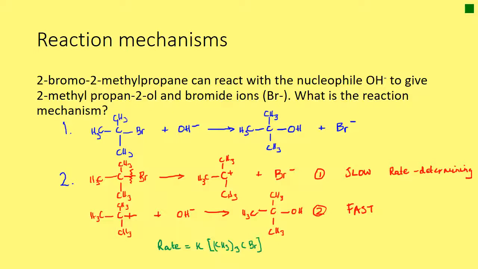might give us 2-methyl propan-2-ol, which is written with the methyl group attached to the carbon and the other methyl groups as before, but instead of the bromide we have the hydroxide ion in the molecule, and floating around instead is the bromide ion.